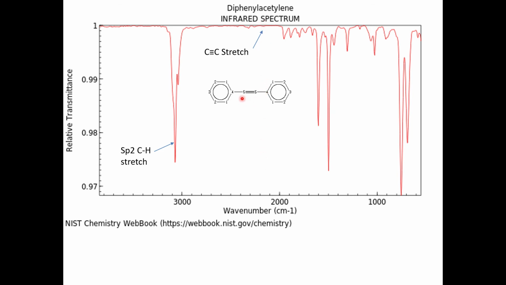However, because our triple bond is in the middle of the molecule, it is completely gone. We can see that because this peak is just not in our spectrum, we can be fairly sure that the molecule we have is likely our diphenylacetylene.